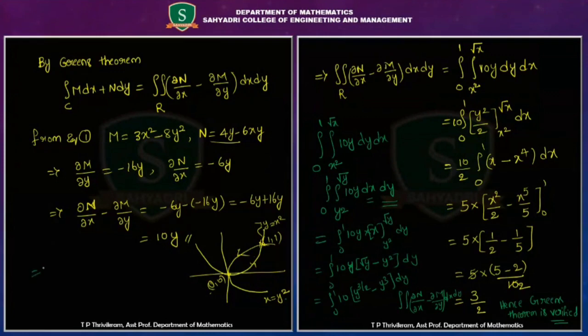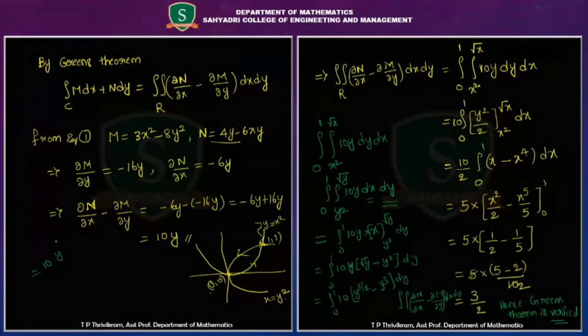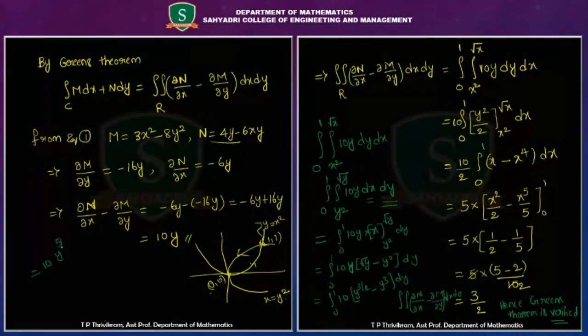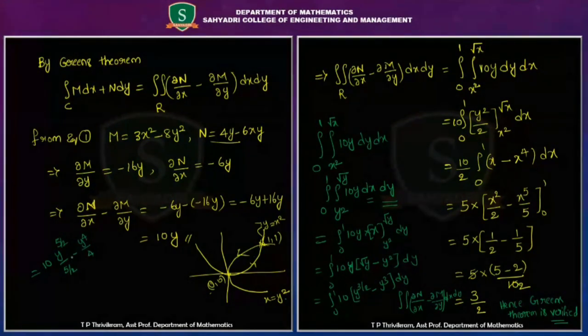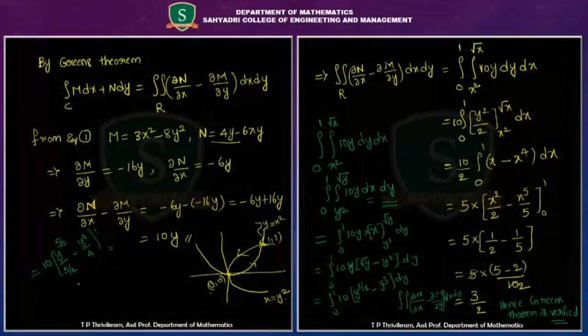So if you integrate, what happens? 10 into y power 3 by 2 plus 1. 3 by 2 plus 1 means 5 by 2 we will get. Here also 5 by 2 in the denominator, minus y power 4 by 4. Okay, so multiply with 10 now, having the limits 0 to 1.